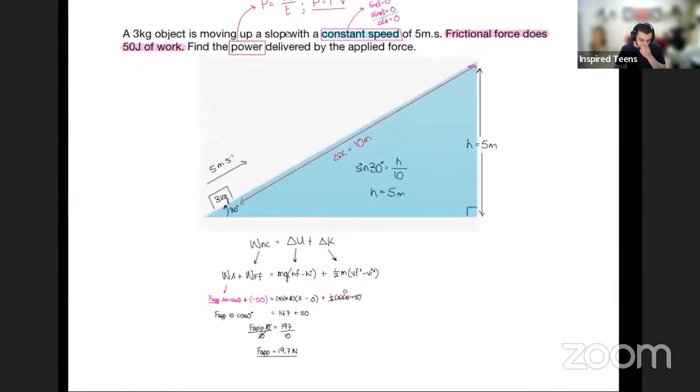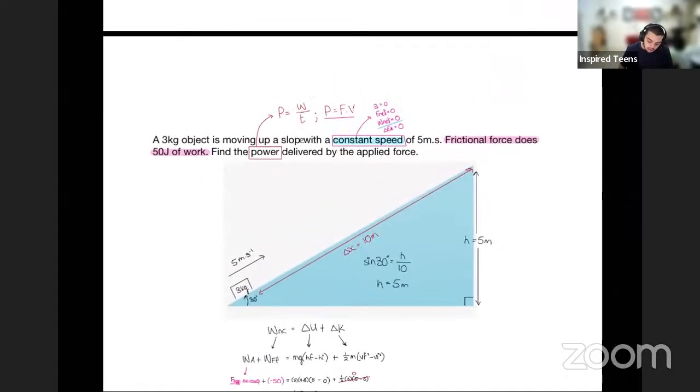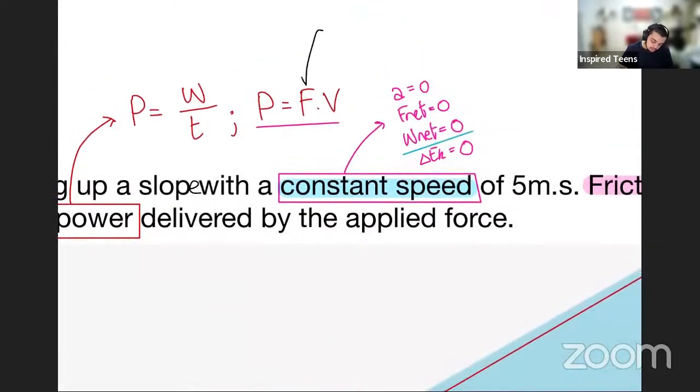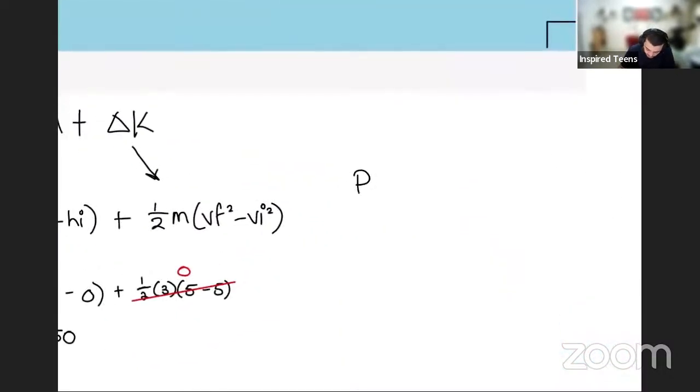So that's how we calculate the force done by the applied force. Now, again, you need to be constantly asking yourself, okay, why did I calculate this again? Oh, yes, I calculated it so that I can sub it into the power formula to get the power delivered by the applied force. Okay, so now that we have the F applied, we can say power is equal to F times v.